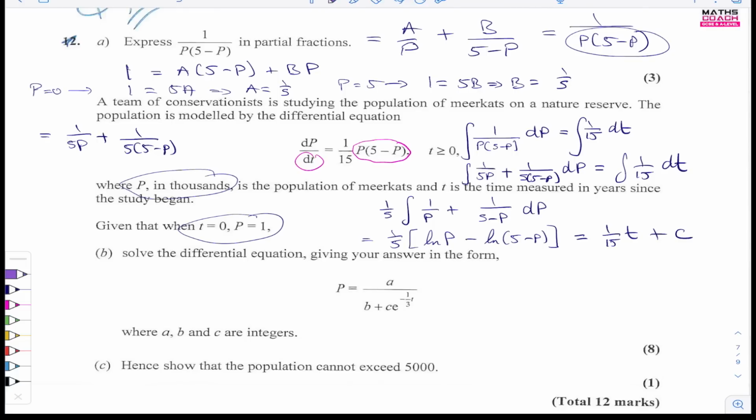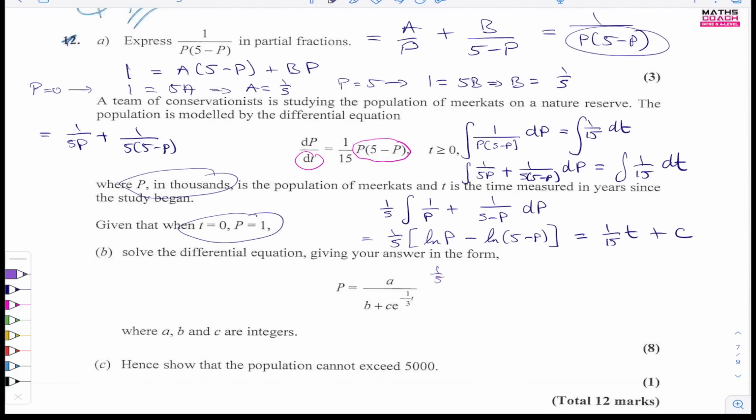We can now substitute in for a boundary condition, which is 0 and 1. So we would get 1 over 5 bracket ln 1 minus ln of 5 minus 1, which is 4, equals t. 0, that goes away, so that's equal to c.